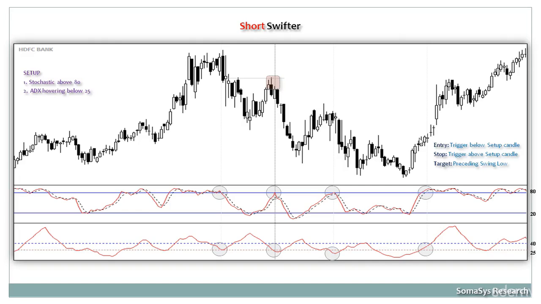Now this example over here will emphasize how important it is to wait for trigger points. At this juncture, things look absolutely fine and all fit to take a sell trade. We have a black candle in place and striking resistance, which is this preceding swing high.